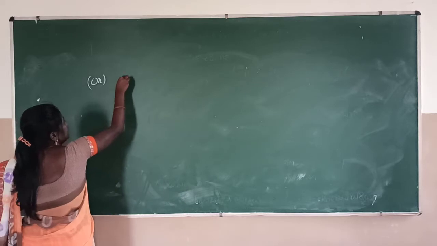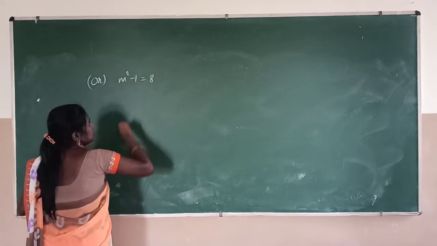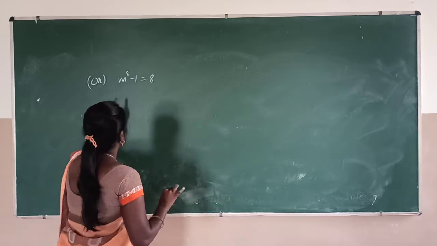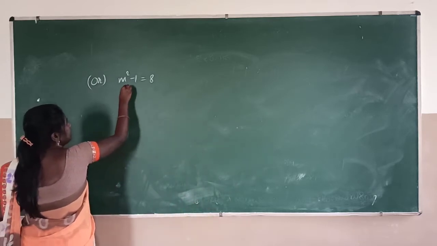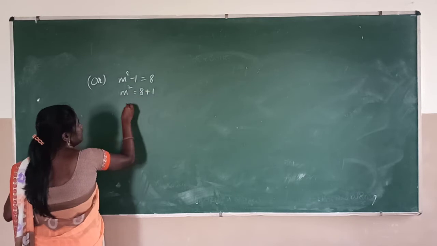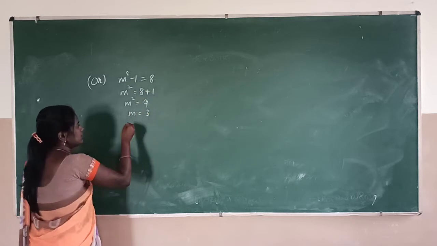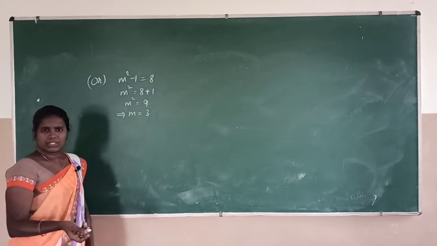Now, if you consider m square minus 1 as 8 only, yes, this is the odd case. m square minus 1 is equals to 8, then m square is equals to 8 plus 1, where m square is equals to 9, so m is equals to 3. This you know. It's true.